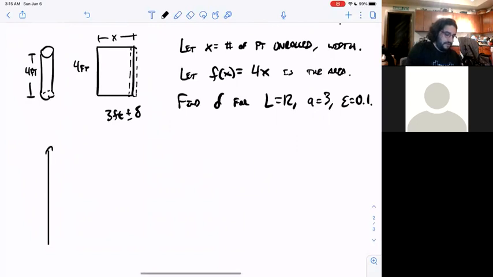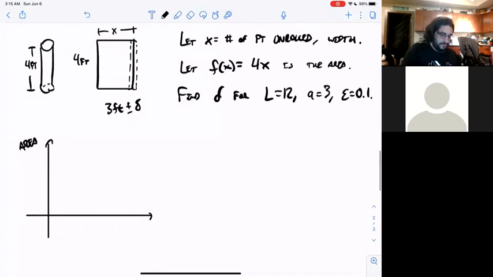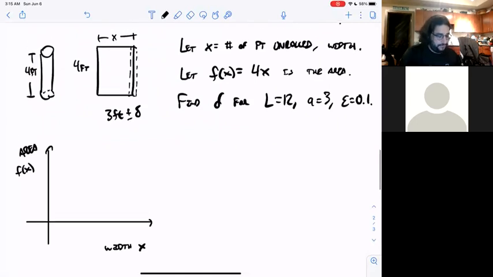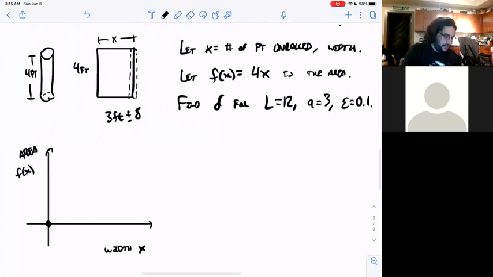So we're saying let's graph the area versus the length unrolled. Right, so if I don't unroll any width of material, then I have 0 area. So it starts at 0, 0, right? And then it comes up with slope 4. If you unroll 1 foot, you get 4 square feet.